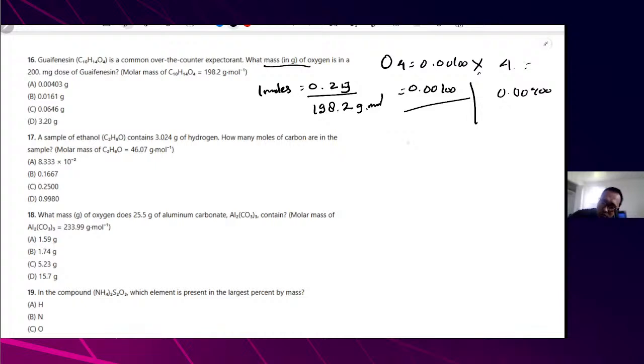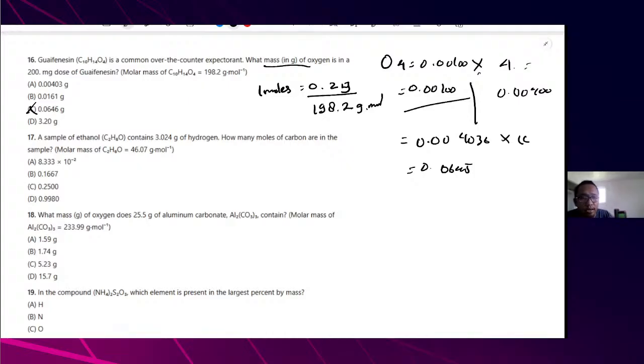So 0.00, times 4, and then oxygen itself is 16. 0.004 times 16, 0.16, so the answer is 0.0645. Yeah, the answer to 16 should be C. Yeah, that's true.